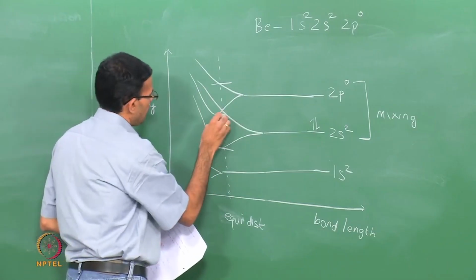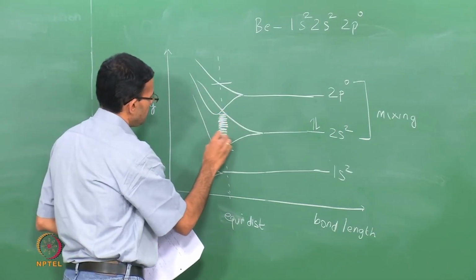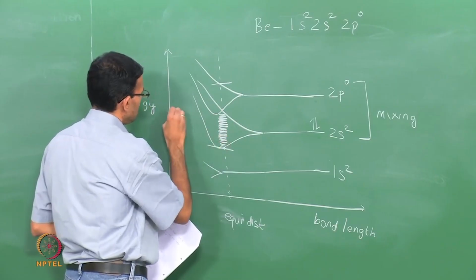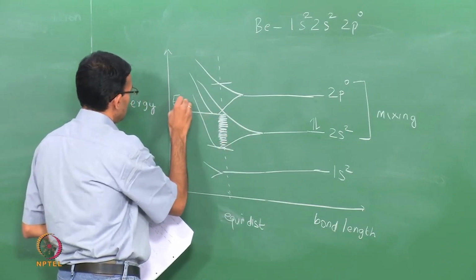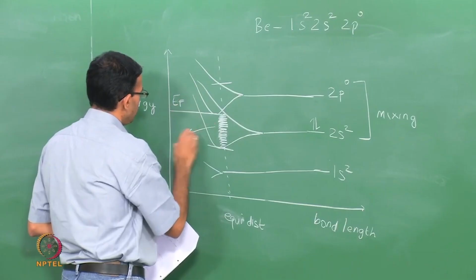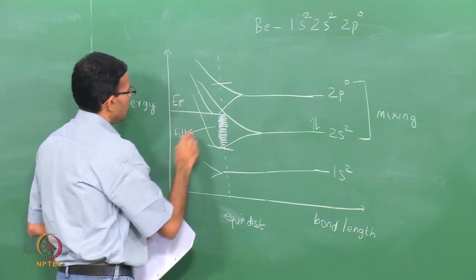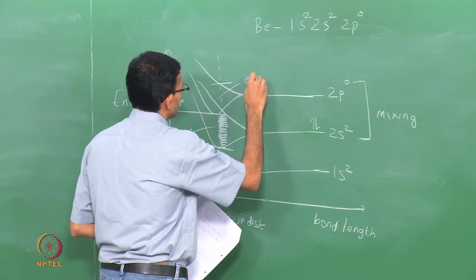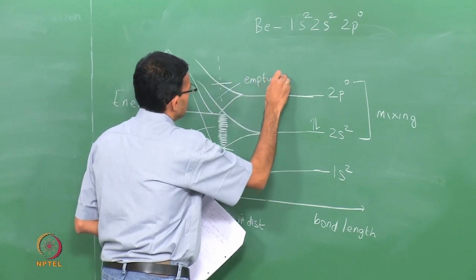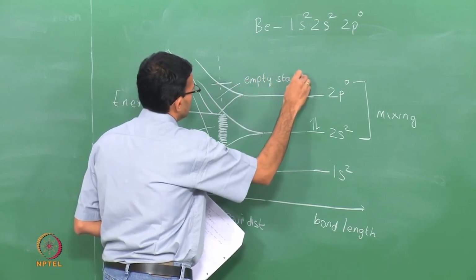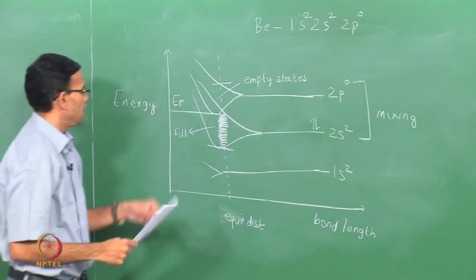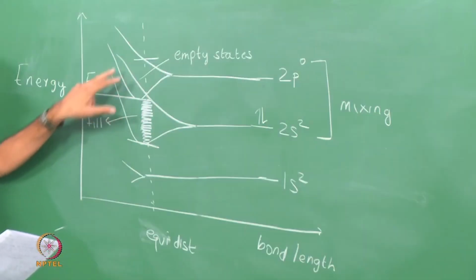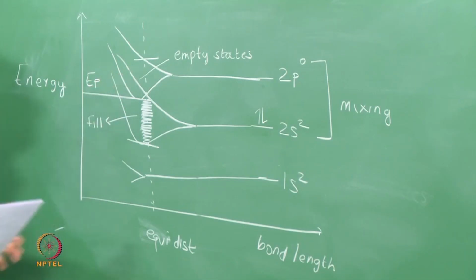Then you can fill in the electrons in this band, so that these are all the filled states and these are all the empty states. And the energy separating the filled and the empty states is your Fermi energy.